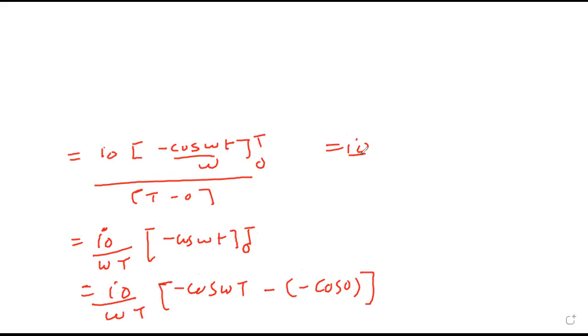That is I naught omega t minus cos 2 pi by time period into t, minus minus plus cos of I naught omega t.